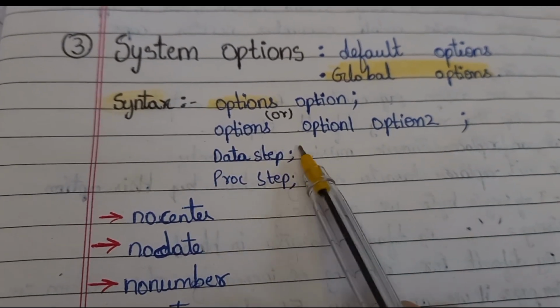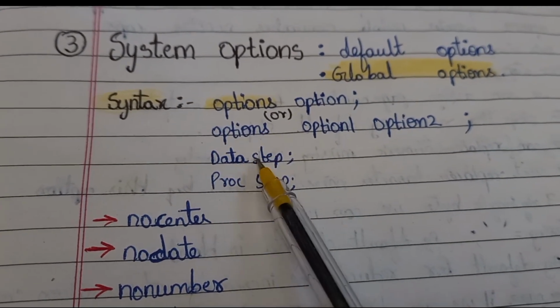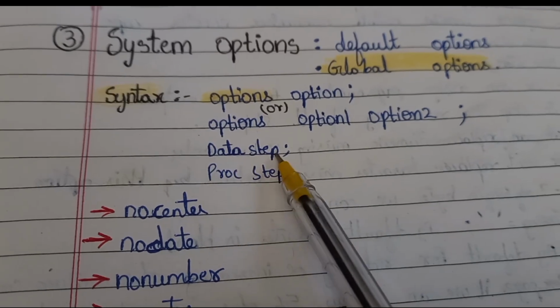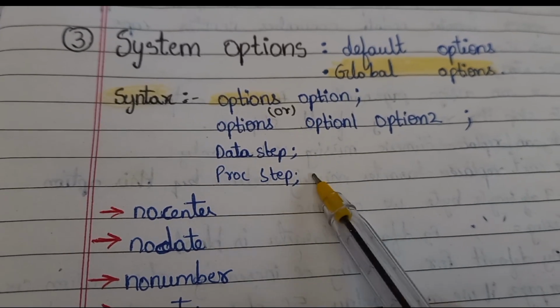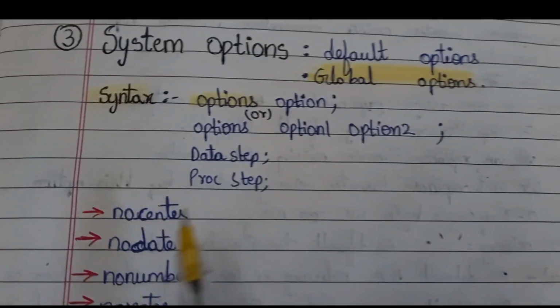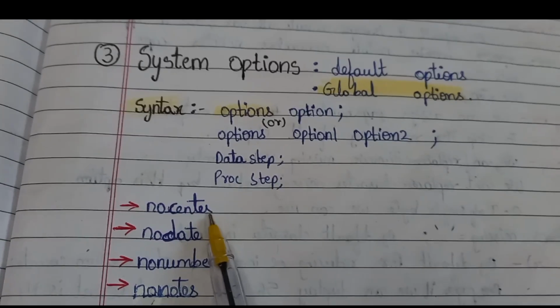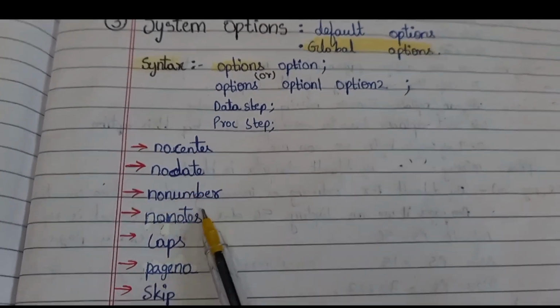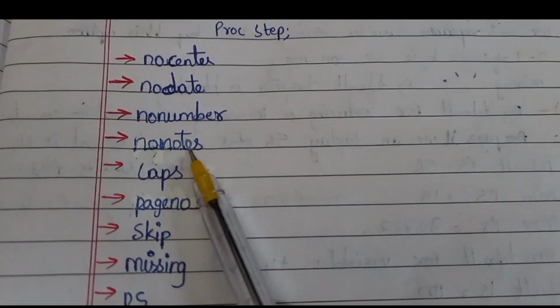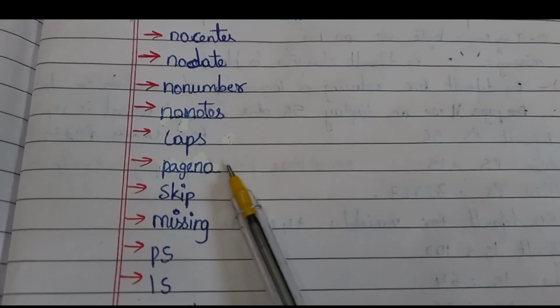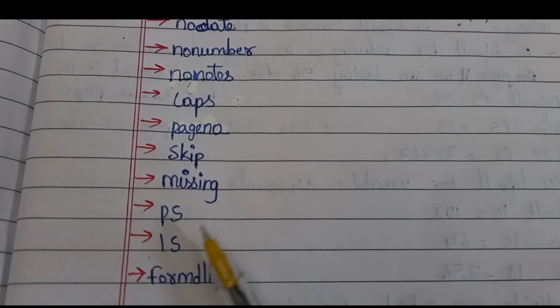And after that, before the data step, you will write these options. Clear? Data step semicolon, then proc step semicolon. So the first options are nocenter, nodate, nonumber, nonotes, caps, pageno, skip, missing.